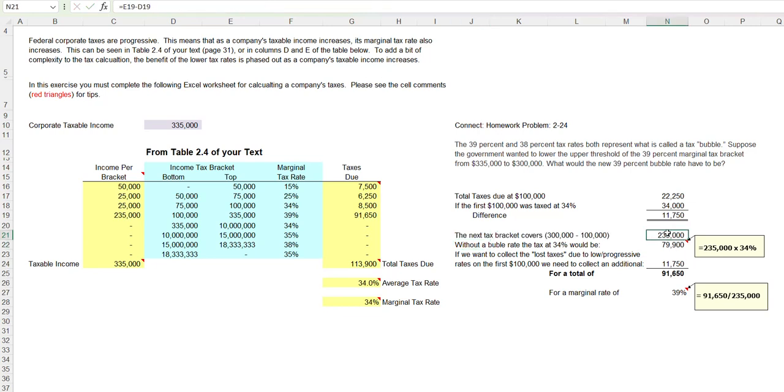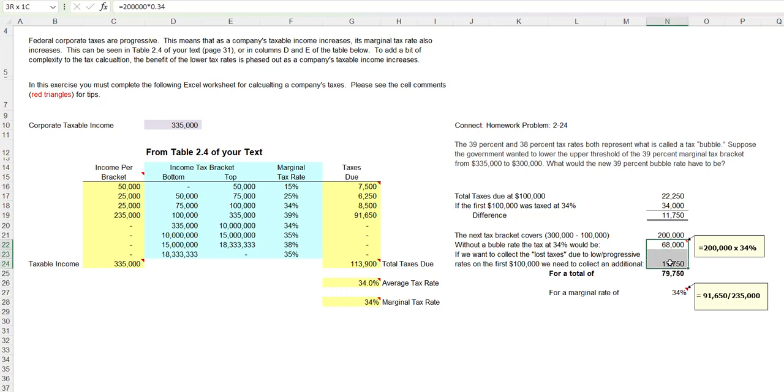It would only cover what? $200,000 in income. And the taxes on that $200,000 in income, instead of being $79,900, it's going to be the $200,000 times 34%, or $68,000. And again, that's just simply our $200,000 times 34%.